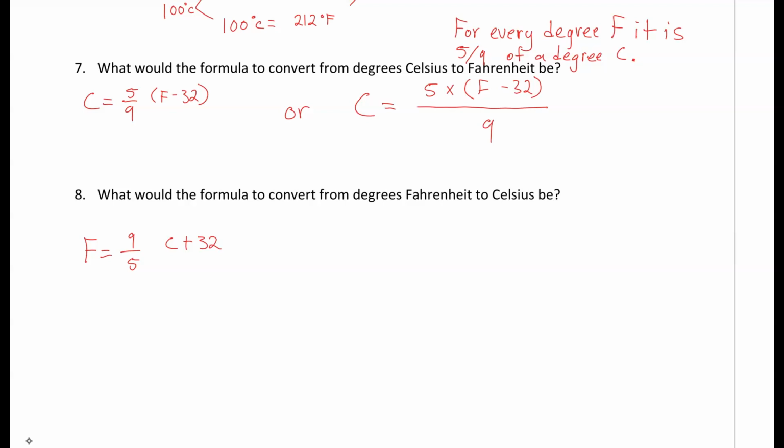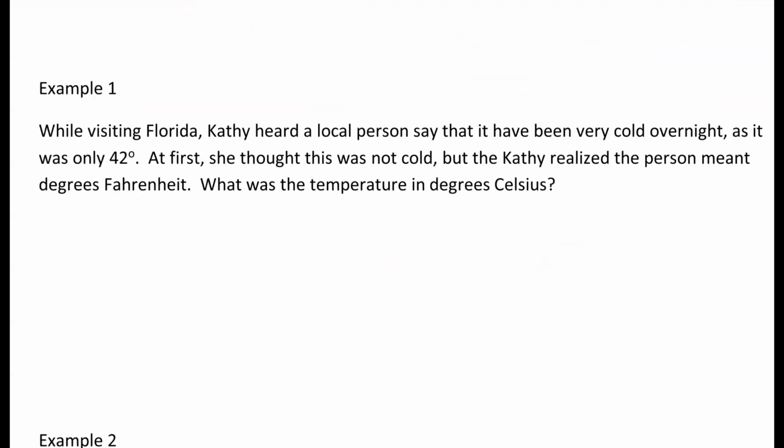And instead of having 5 over 9, we're flipping that over and we have 9 over 5. So this would look like Fahrenheit equals 9 times my Celsius divided by 5, and then adding 32 on. Now let's use these equations in these practice questions below.